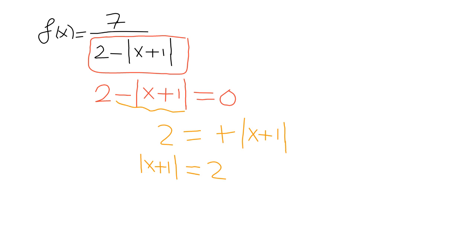As I said, if the absolute value of x equals a positive number or 0, just take the absolute value out, and we have to replace it by what? Plus or minus 2. So you have two equations.